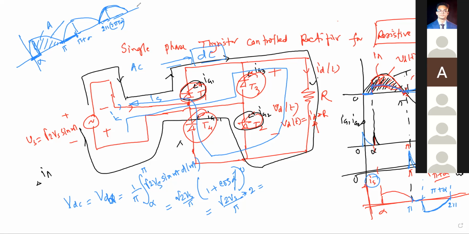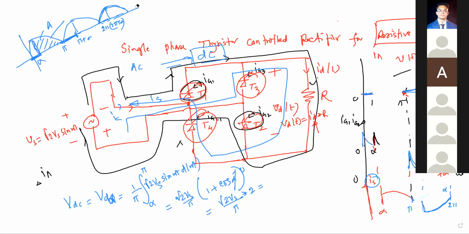You understand it or not? Yes, sir. You are confused. It seems like you are confused. You are now applying the firing pulse at omega t equal to 0 to T1 and T2, and you are applying the firing pulse at omega t equal to pi to T3 and T4.